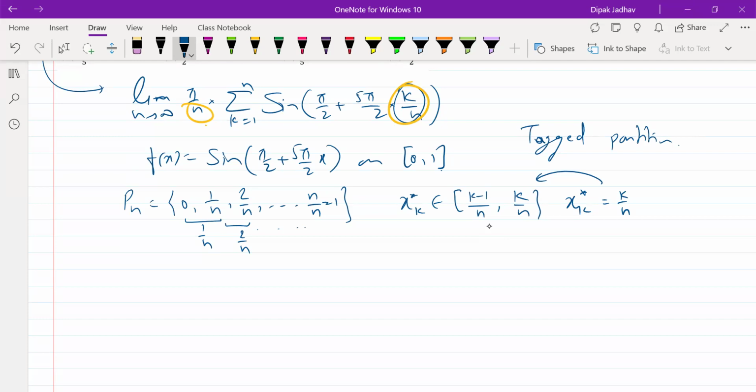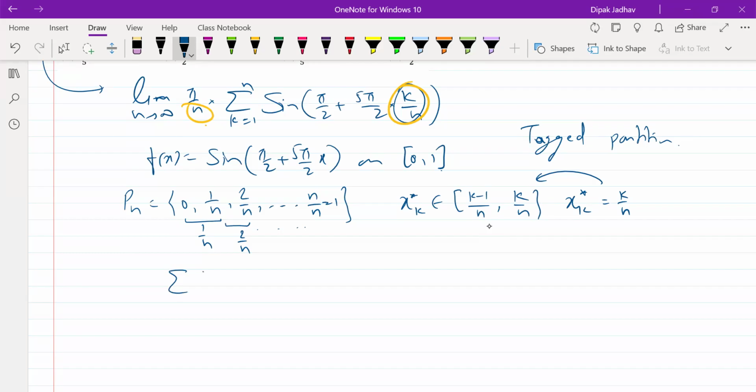Is that okay? So you compute the Riemann sum of this function with respect to the tagged partition. We are not computing a lower Riemann sum or upper Riemann sum, but the Riemann sum of f with respect to the tagged partition.